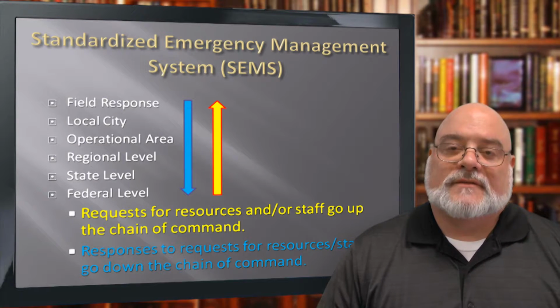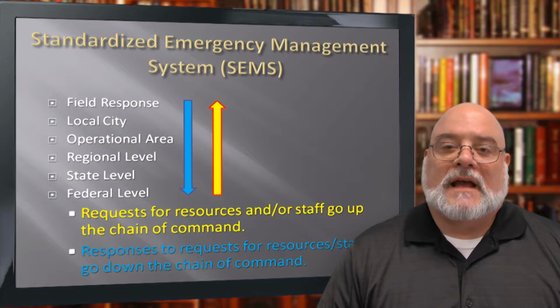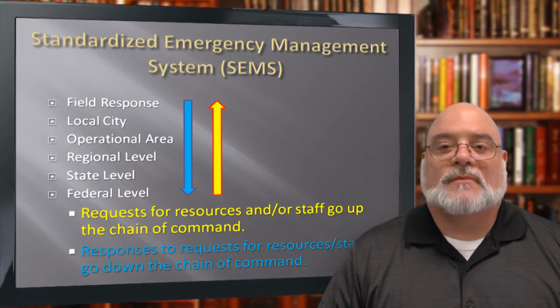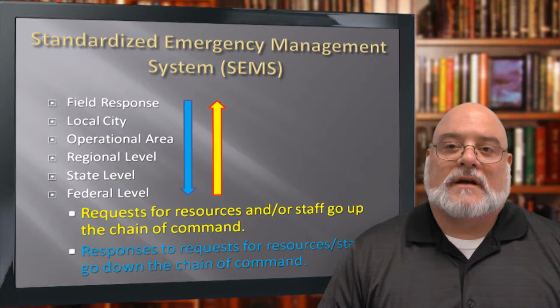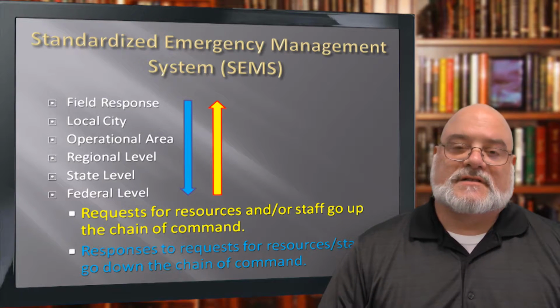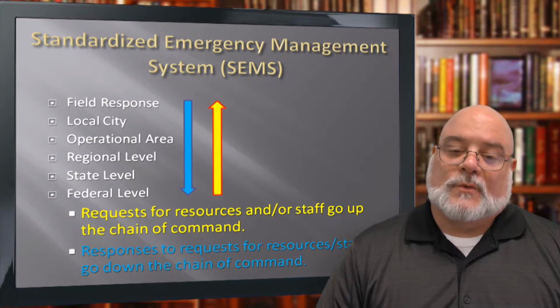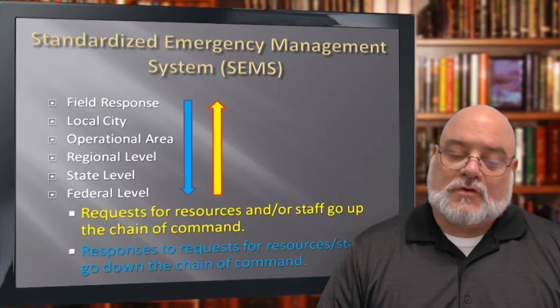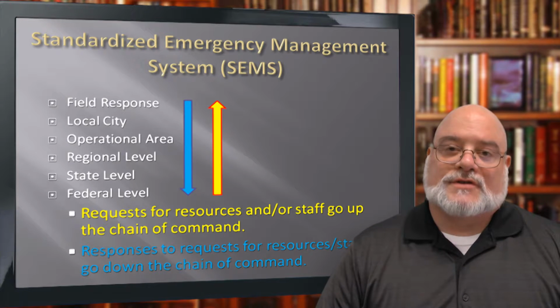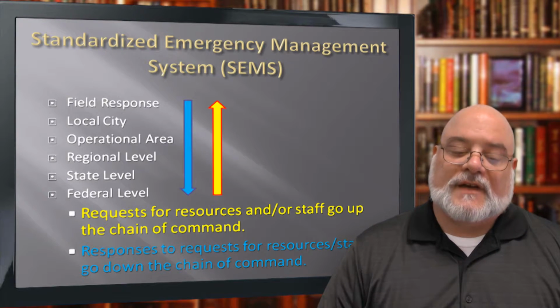You go to the state level, you have EMSA, the Emergency Medical Services Authority, and CDPH, California Department of Public Health, working in collaboration with other emergency management organizations such as OES, or the Office of Emergency Services. And then you go to the federal level. So as you can see, it starts locally in the field and works its way up the chain of command to the federal level. And this is how resources are ordered.